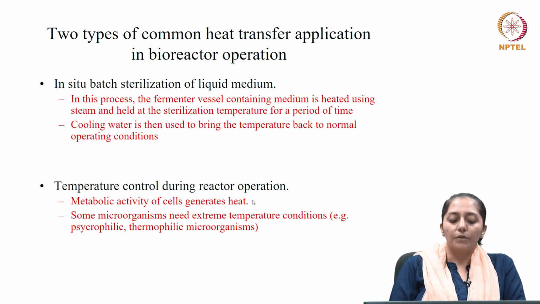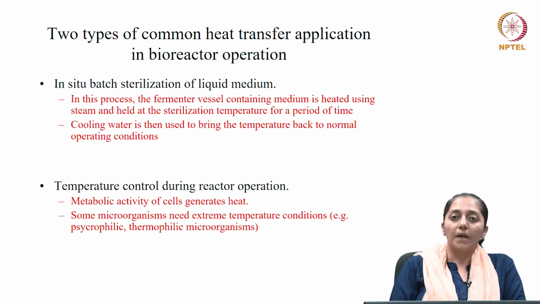Now, the temperature control during the reactor operation is important because it governs the metabolic activity of the cells, which in turn generate heat due to the metabolism. So, there will be heat generated by the growth of the cells.